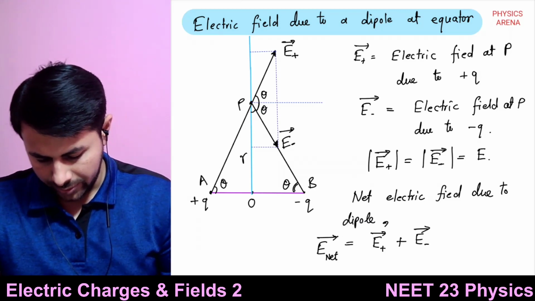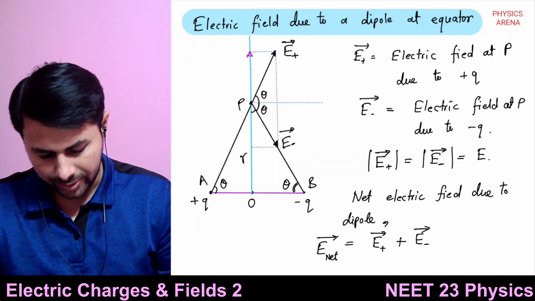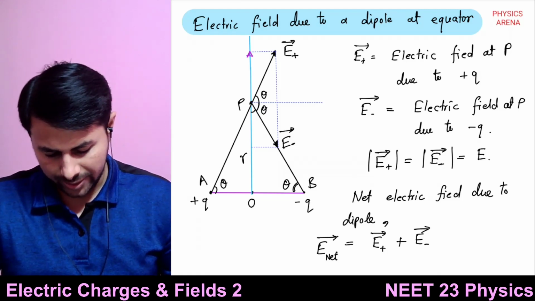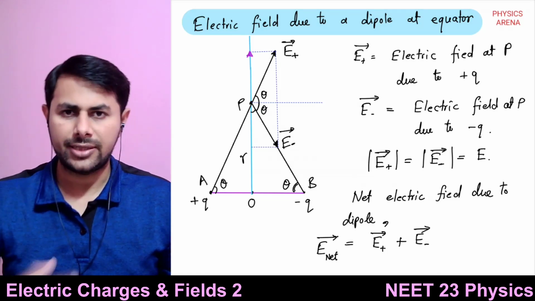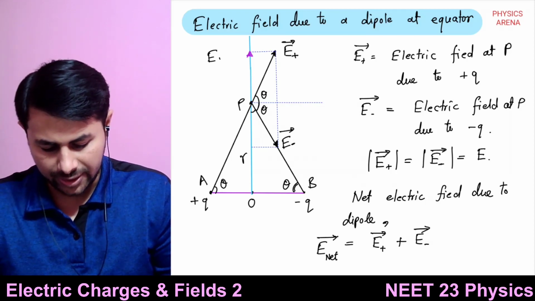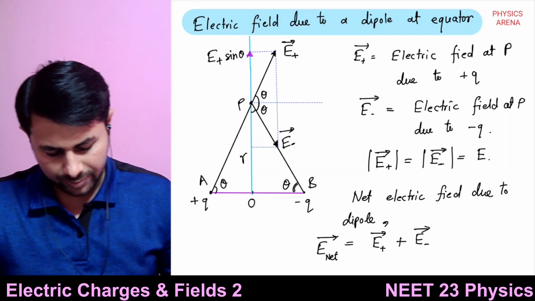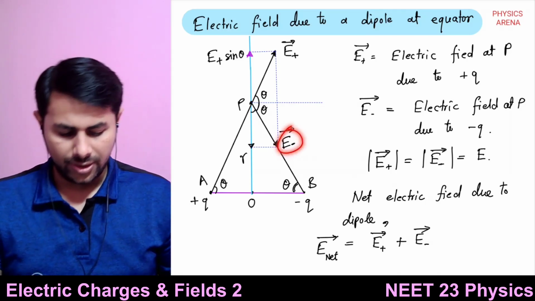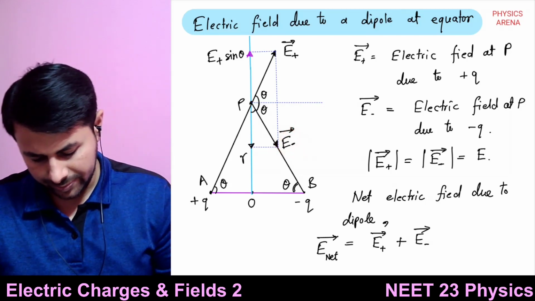This component of E plus bar will be E plus sine theta, and this component due to E minus bar would be E minus sine theta.